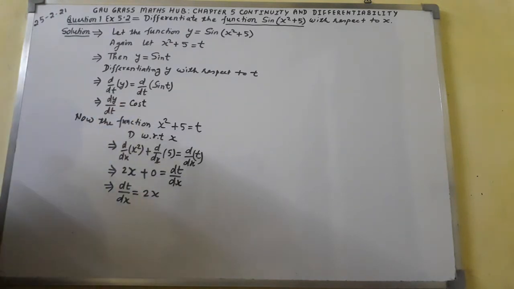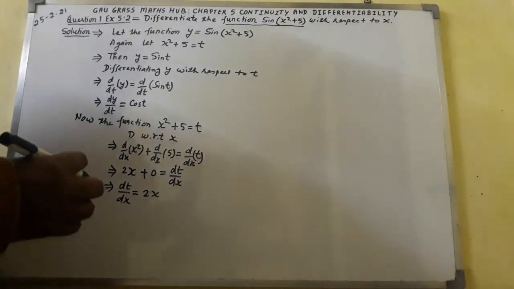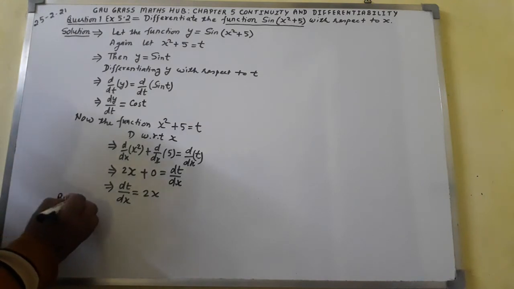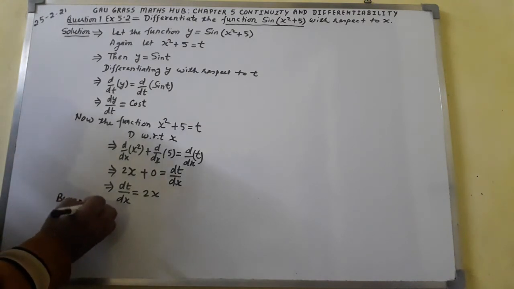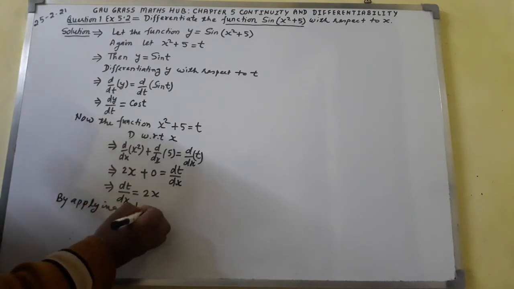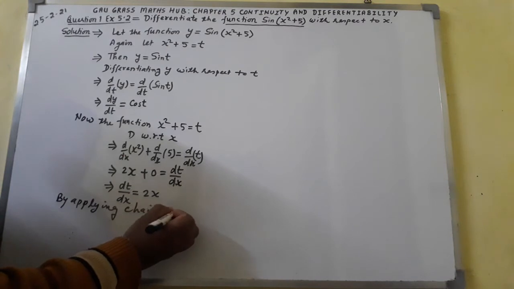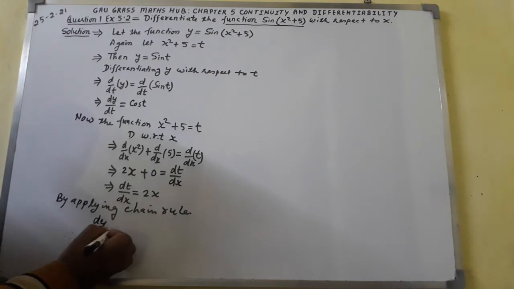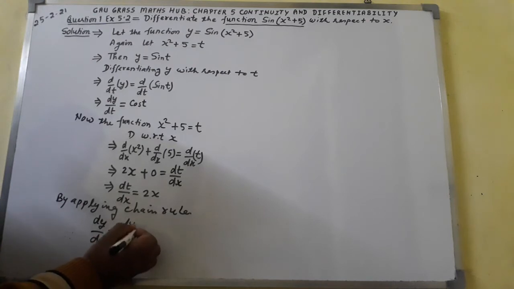Now here I shall apply the chain rule. By applying the chain rule, you will get the formula dy over dx is equal to dy over dt into dt over dx.